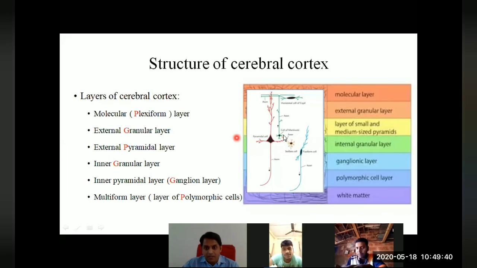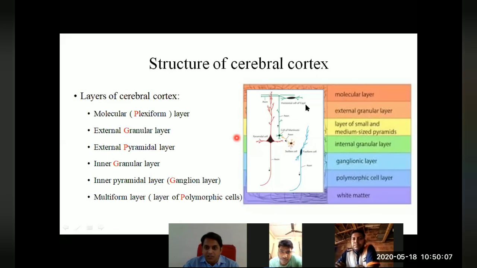So the area which has the granular cells, also called stellate cells, is called coniocortex. Let me tell you, the cerebral cortex in the motor area has a large number of pyramidal cells, and the sensory area has a large number of stellate cells.